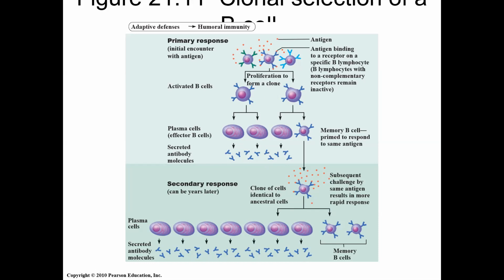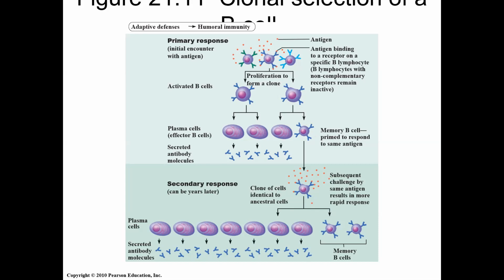At the same time, just like T cells, some of these B cells with this type of receptors are going to be saved as memory cells for later. This is the first time, because out of the trillions of B cells, you only have one cell which can recognize this specific antigen. So this process will take about a week to trigger this mitotic process.